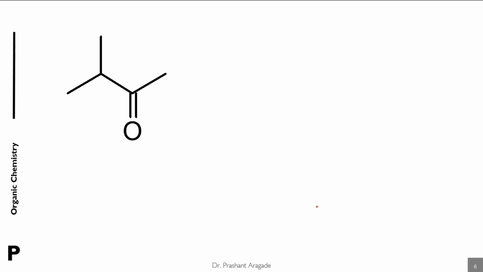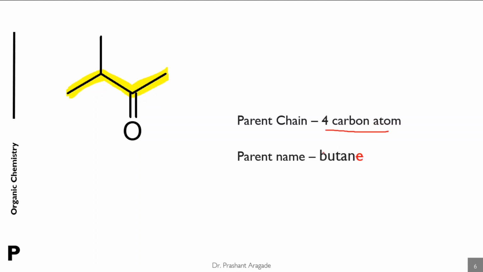Let's see another example. Select the longest possible carbon chain. Here there are 4 carbon atoms, so the name of this chain is butane. This E is replaced with ONE, so the name is butanone. The next step is numbering. You have to start the numbering from right to left, as the carbonyl carbon atom is near the right end.